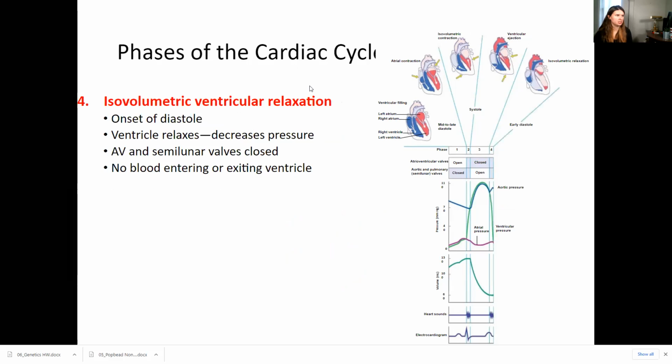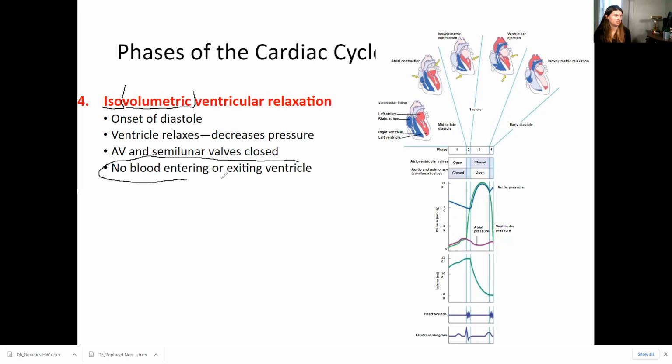Our final phase of the cardiac cycle is isovolumetric ventricular relaxation. Okay, so iso, again, same, volumetric, same volume. When we say same volume, what we're talking about is the blood.